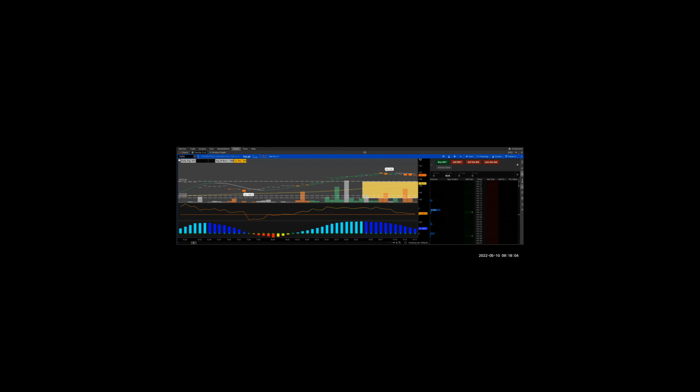But this basically lets me know, if the position opens up above this box, fairly right around this area right here, I know the stock is going to be going in a very positive direction, uptrend.